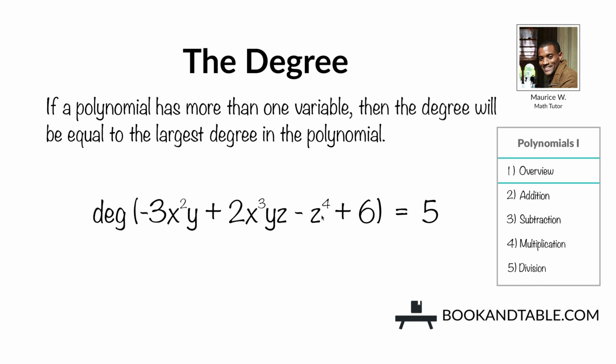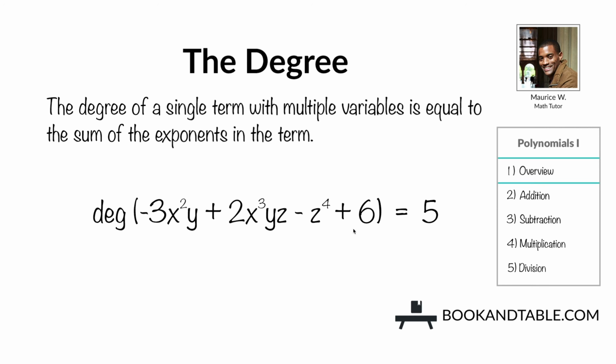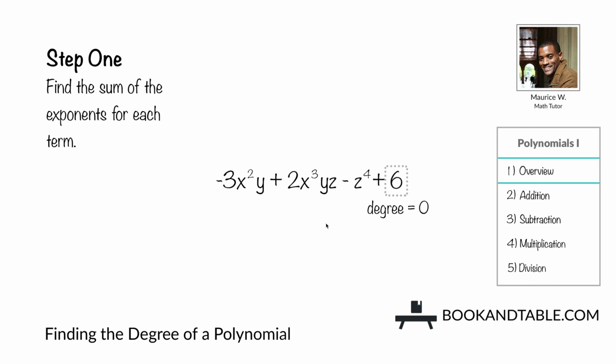The degree of this expression is equal to 5. But how do we find the degree since we have 1, 2, 3 variables throughout this polynomial? Well, the degree of a single term with multiple variables is equal to the sum of the exponents in the term. So let's look at this step by step.